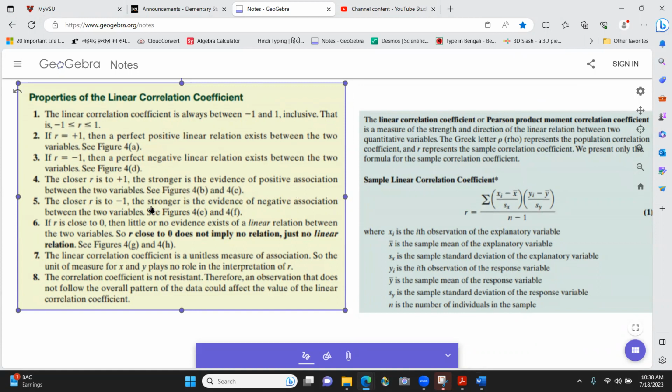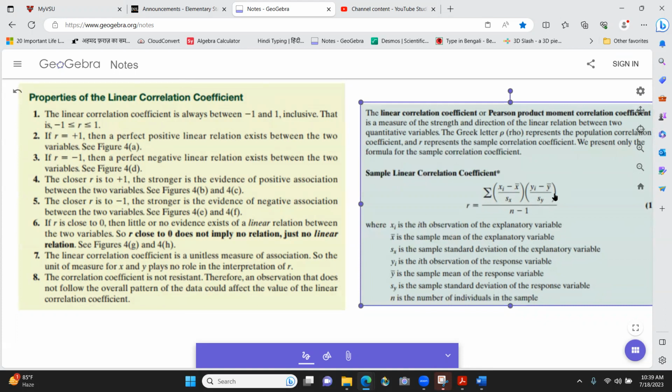A negative correlation would be the amount of time you spend watching, let's say, Netflix movies and your grade. The more Netflix movies you watch, hopefully you don't do that, your grades will go down. Your health will go down if you don't exercise and eat well. That's another example of negative correlation. If the R value you get is close to 0, there's no correlation.